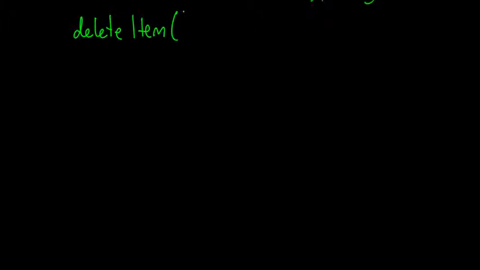So as always, when you're deleting, of course, you want to specify what tree node this item is supposedly in, and of course the item that you want to delete.